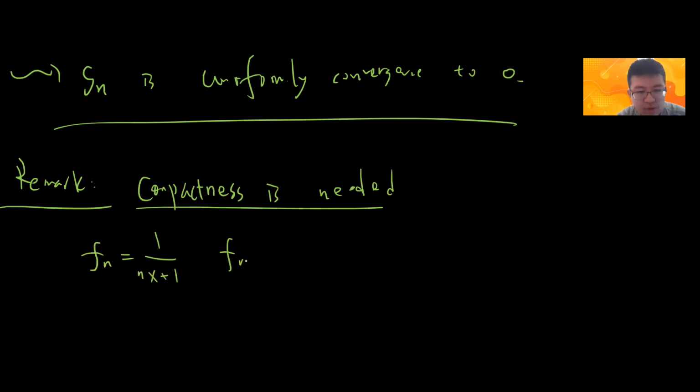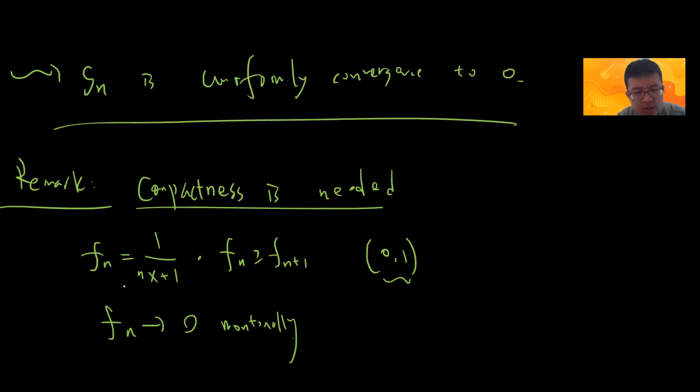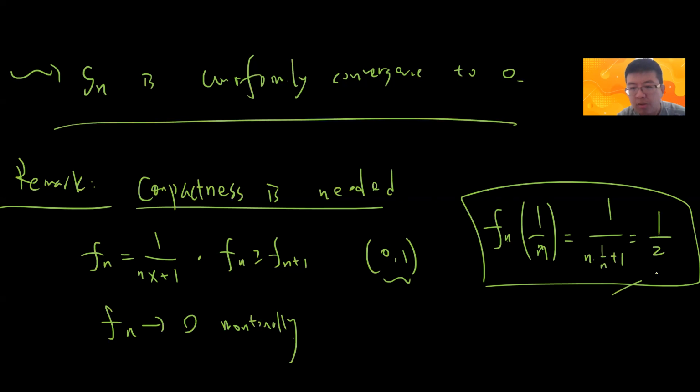This obviously satisfies the conditions, and if you are working on the open interval (0, 1), then you can see that this is continuous and converges to 0 monotonically. But it is not uniformly convergent. The reason is that if you put x to be 1 over n, you get 1 over 1 plus 1, which is non-zero, okay?